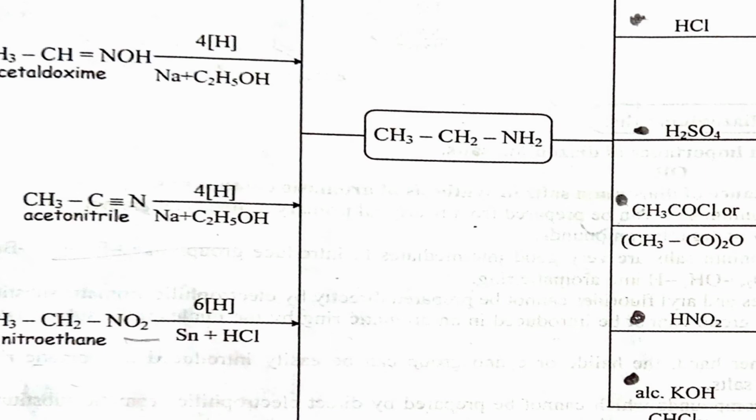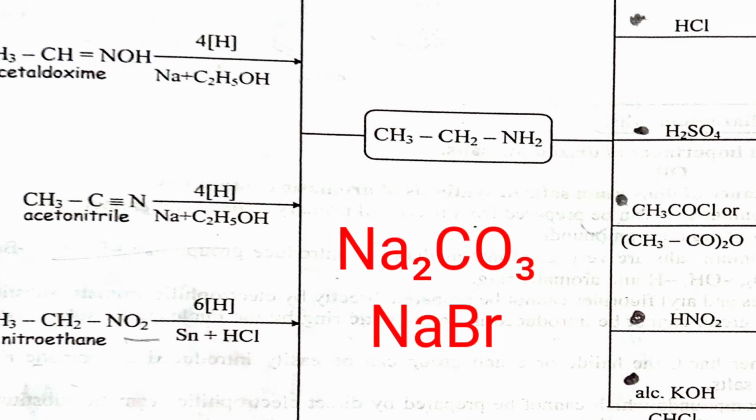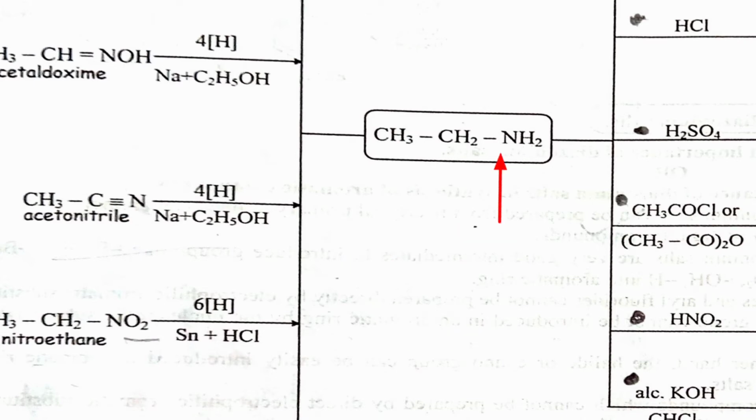The reaction can also occur with sodium carbonate plus sodium bromide. That means here you see sodium carbonate and sodium bromide, along with the product ethylamine being produced. This is known as the Hofmann degradation.